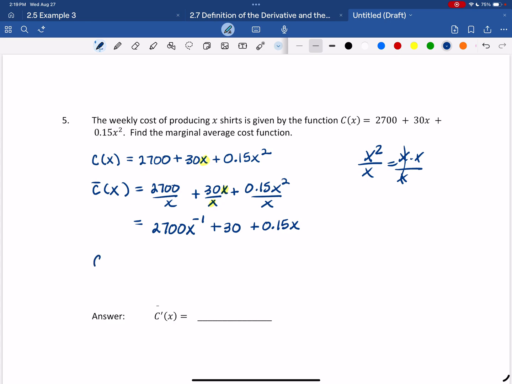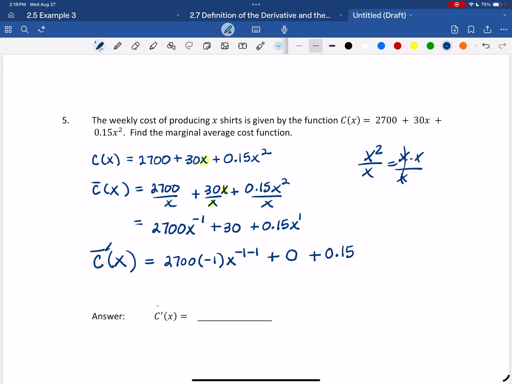Now, the marginal average cost is the derivative of this. So remember, when you have a power, it's coefficient times the power and subtract 1 from the power. The derivative of a constant is 0, and the derivative when it's the first power is just the coefficient.